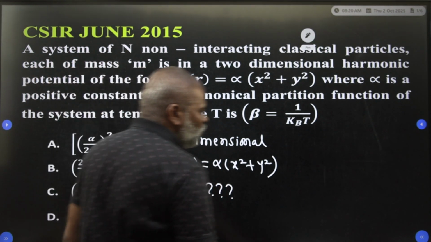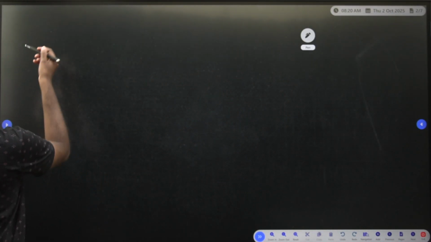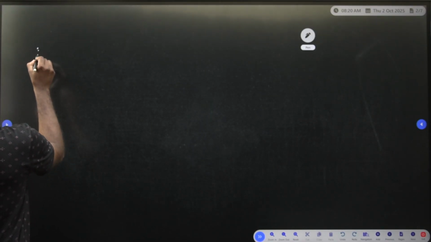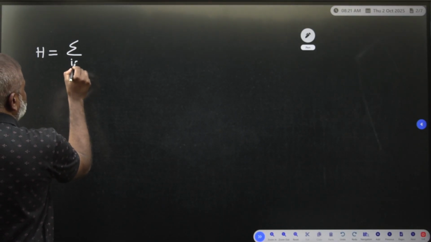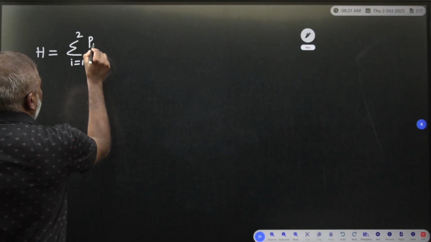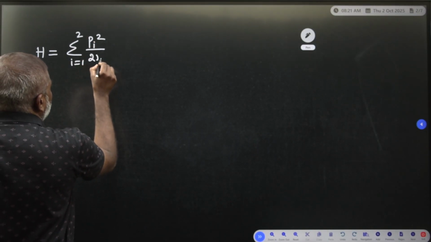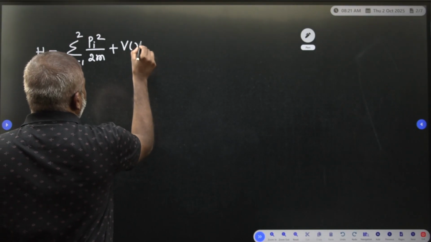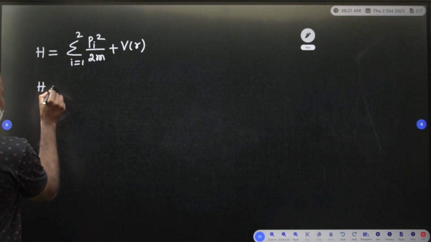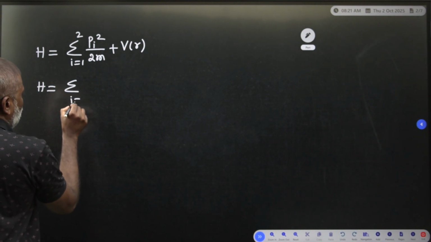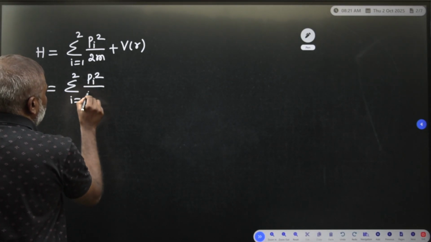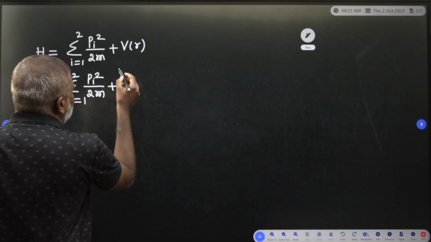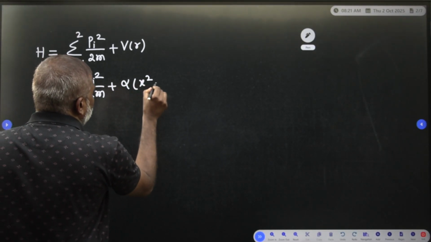How do we calculate the canonical partition function of the system? The system is two-dimensional. First, you have to calculate the Hamiltonian. H is equal to the sum over i from 1 to 2 of p i square divided by 2m, plus the potential energy V of r, which is alpha into x square plus y square.